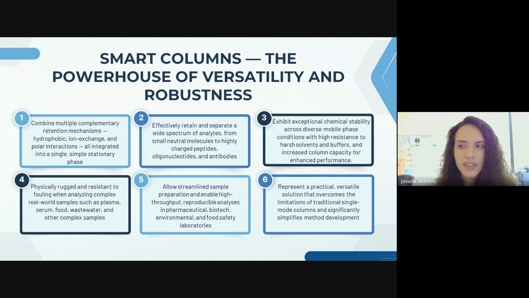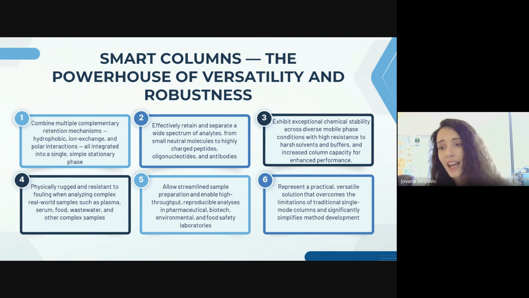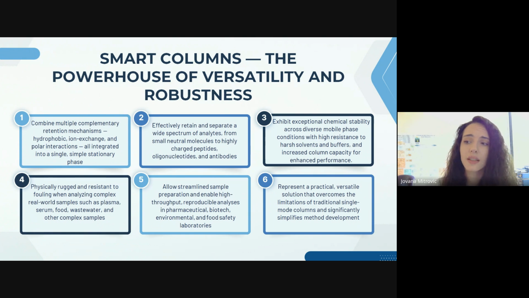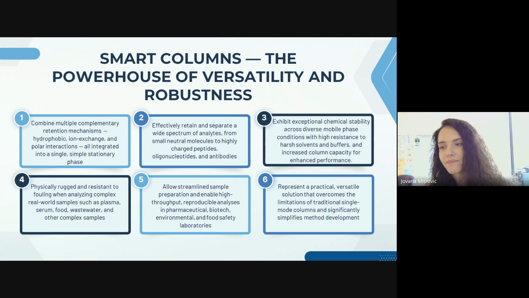That includes everything from small neutral molecules to highly charged biomolecules, all within real-world samples like plasma, food, or wastewater. This approach made columns more robust, more capable of handling a wide variety of mobile phases and dramatically increasing their selectivity and capacity, often 10 times greater than what traditional single mode columns can offer. And that's exactly what makes them smart.